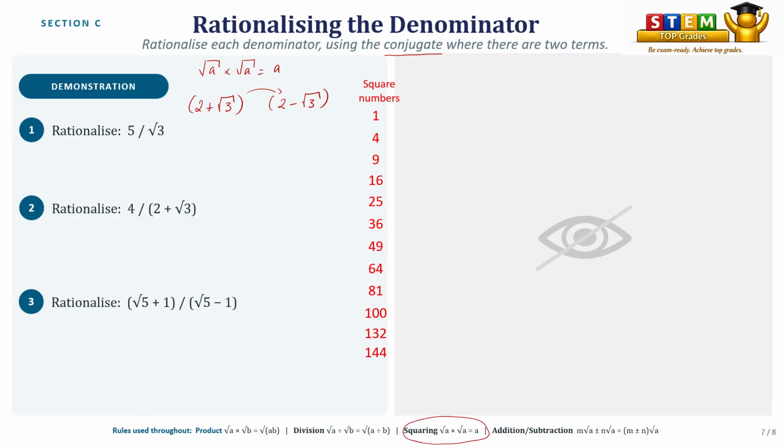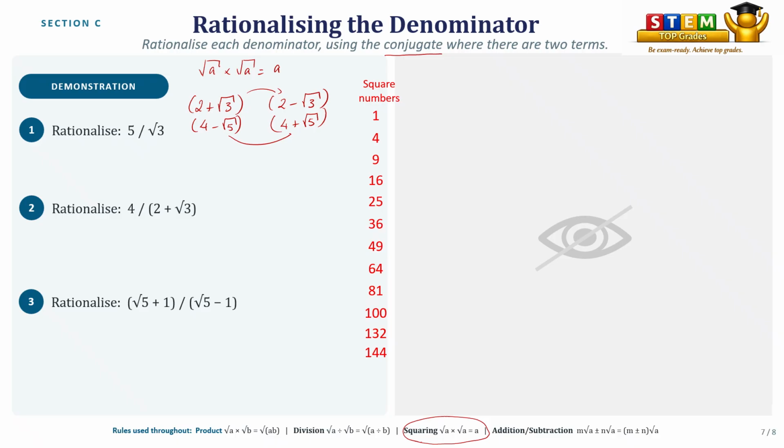Or if you have 4 minus root 5, the conjugate of that is going to be 4 plus root 5. So you will notice what I've done is I just swapped the positive for the negative and the negative for the positive. So hopefully you have understood the idea of conjugate.